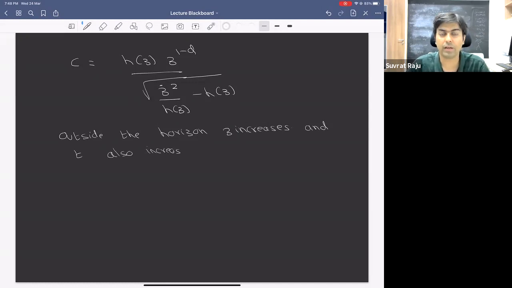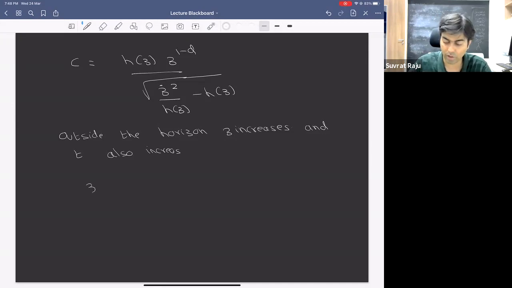And therefore you can set z dot to be positive for z outside the horizon. Now, once you cross the horizon, then you expect that t will continue to increase, but on the other hand, z will start decreasing, because once you cross the horizon and you go deeper into the interior, then you expect that z dot will become negative, and that's just because you expect z will decrease.